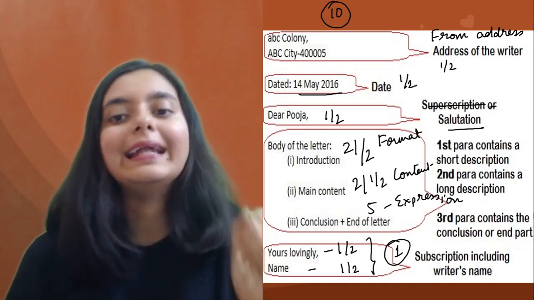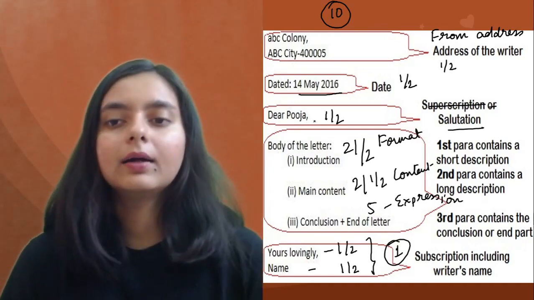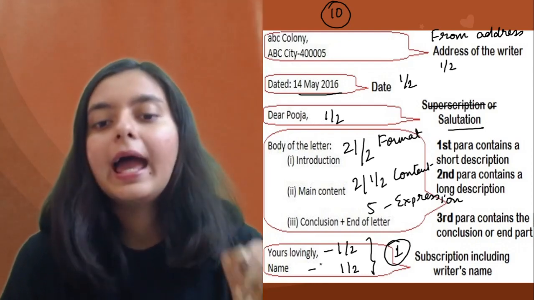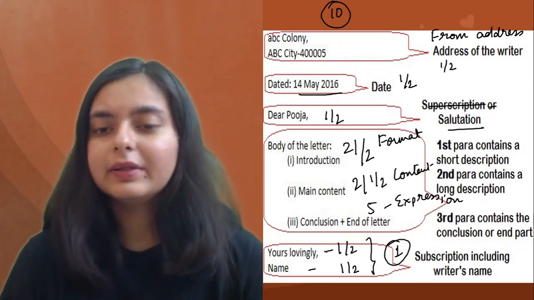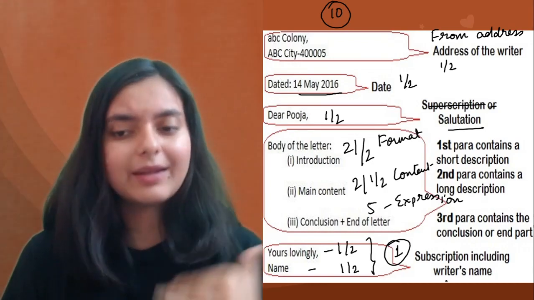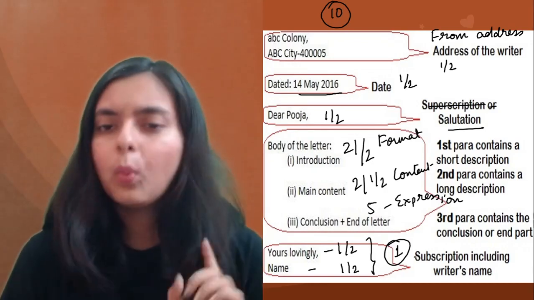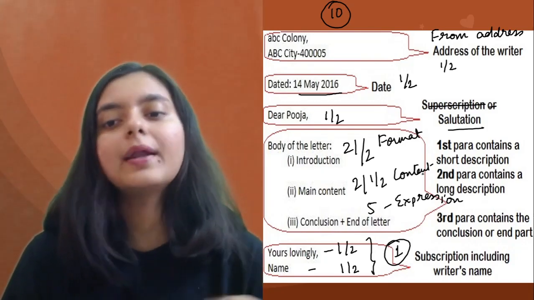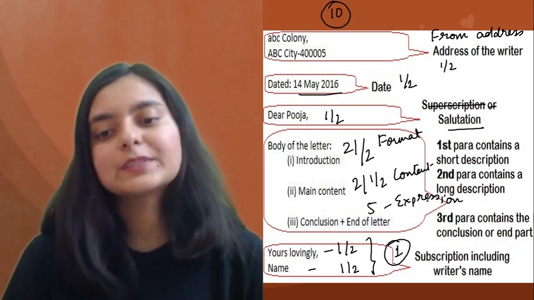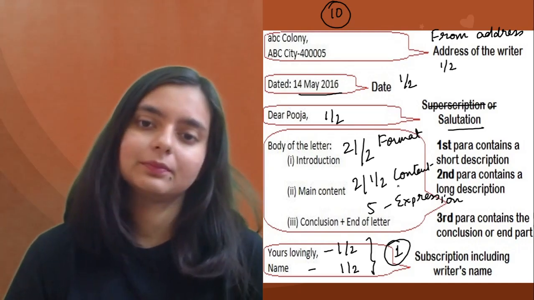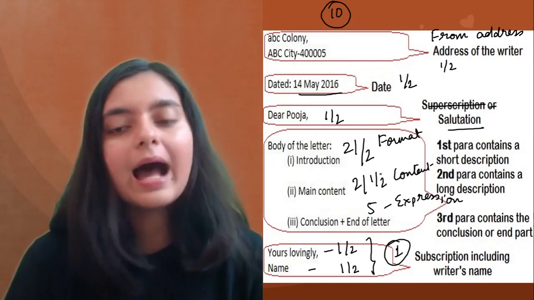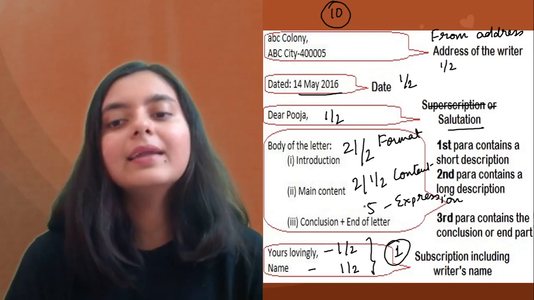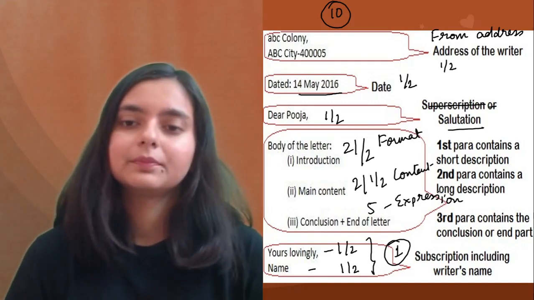Address half, date half, salutation half, this one, the loving subscription and writer's name together 1. Format 2.5, content 2.5 in total, right? And expression is 5. Okay, and this 5 is for expression.